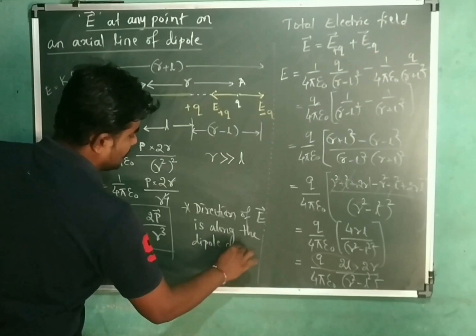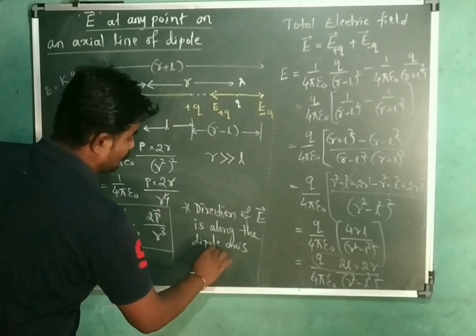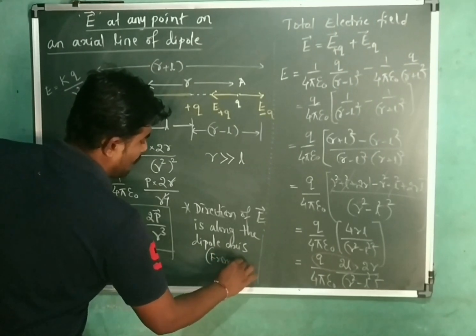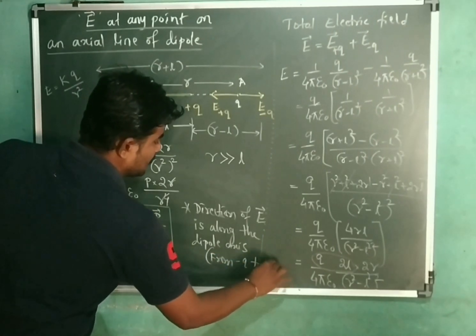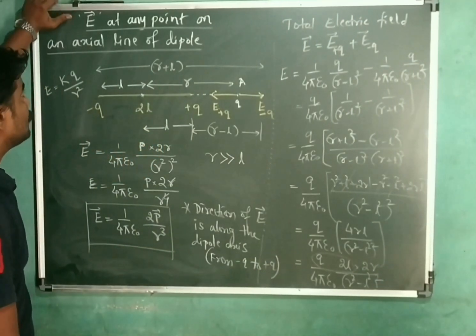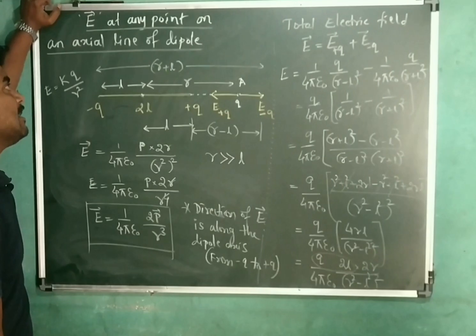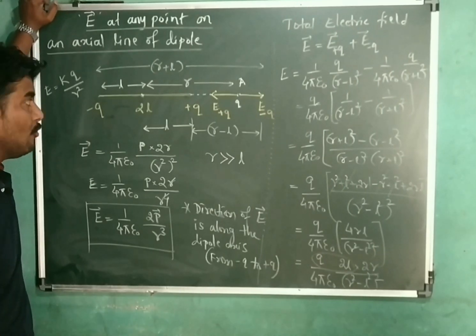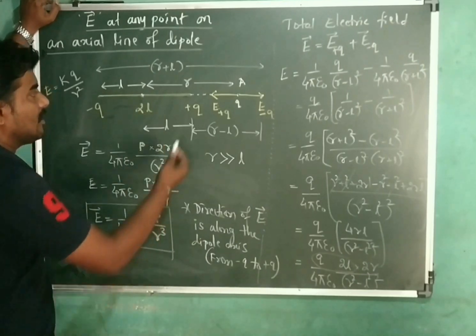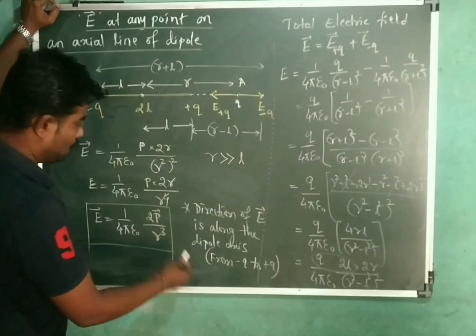Dipole axis means from negative to positive, from minus Q to plus Q. So this is about electric field intensity at any point on the axial line of a dipole. I have considered the right side of this dipole actually. You can consider the left side also and you are going to get the same result.